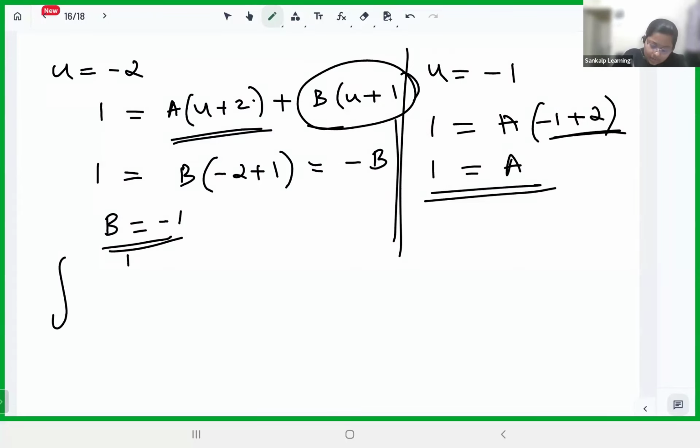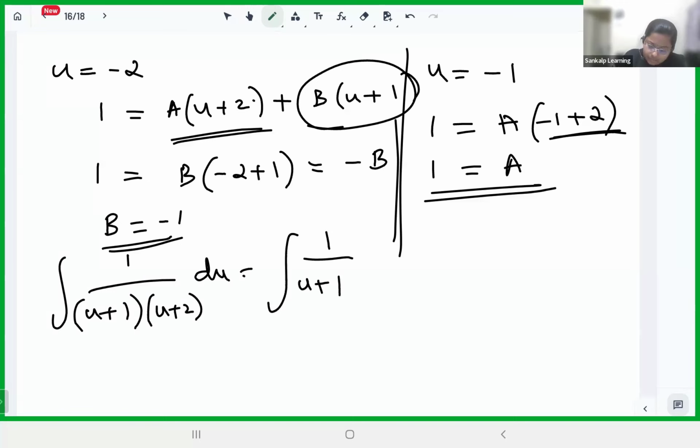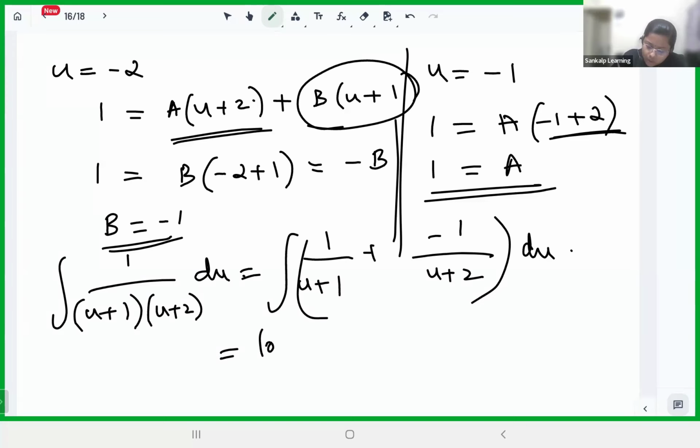So the integral of 1 by u plus 1 into u plus 2 du can be written as the integral of 1 by u plus 1 plus minus 1 by u plus 2 into du. So this is equal to log mod u plus 1 minus log mod u plus 2 plus c.